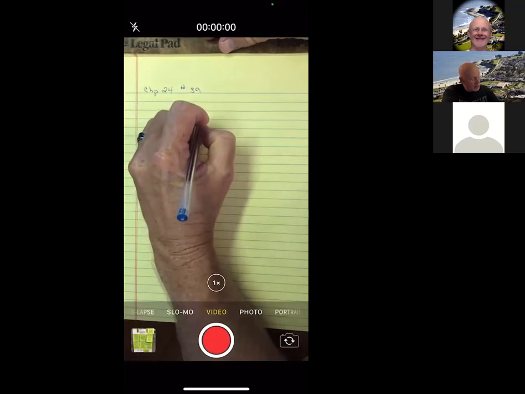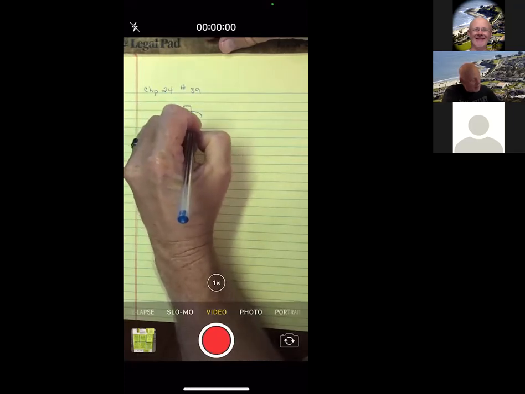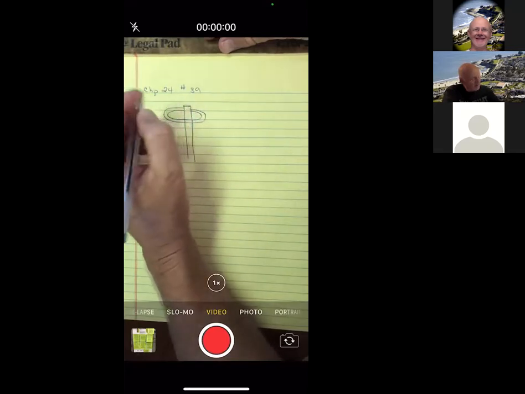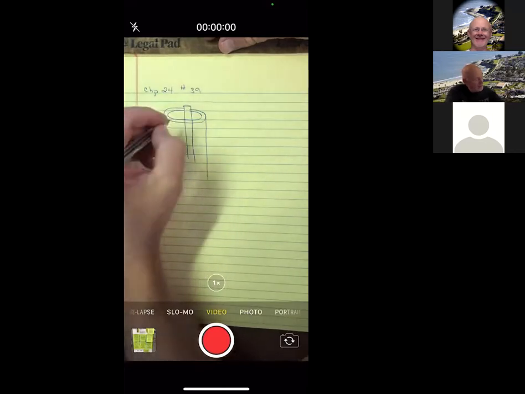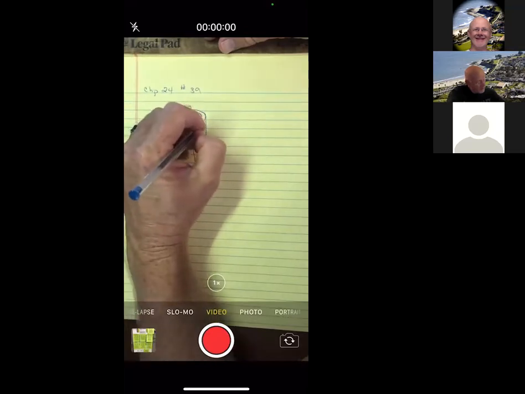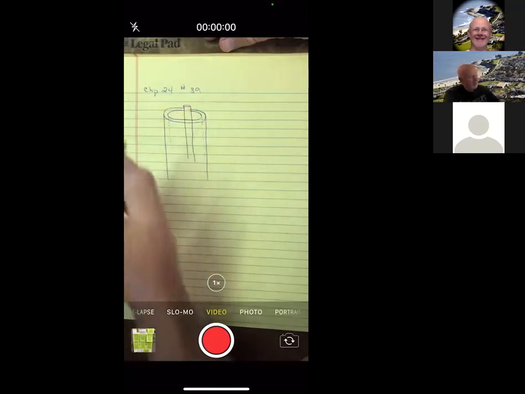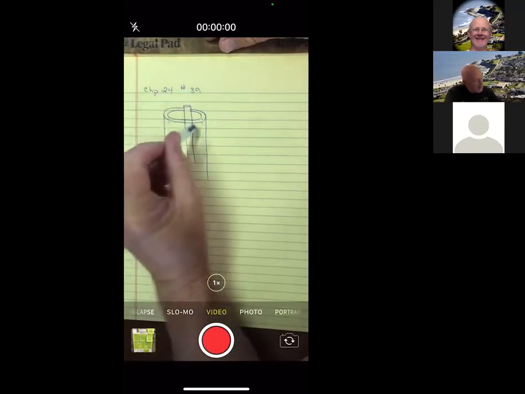So I'll try to draw a metal cylinder that goes around. Like that. So wish I could erase right there.